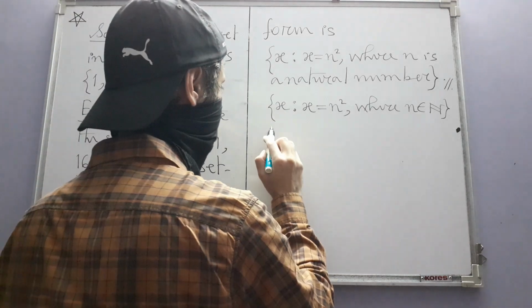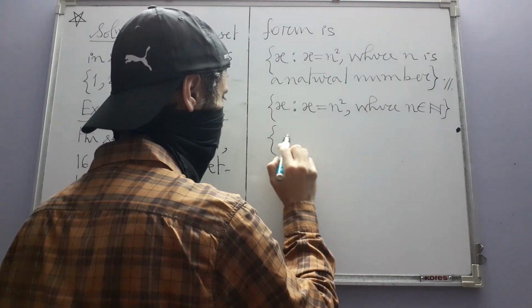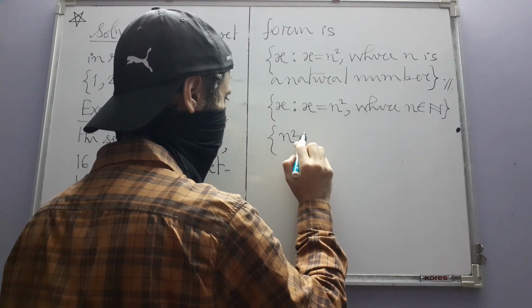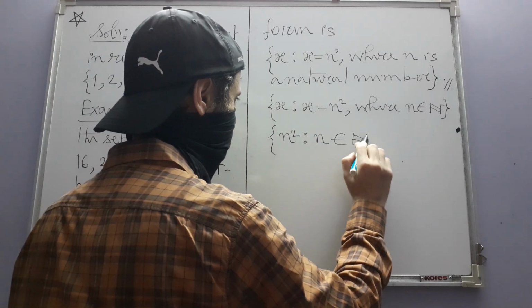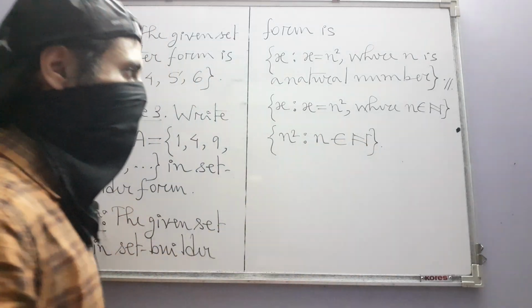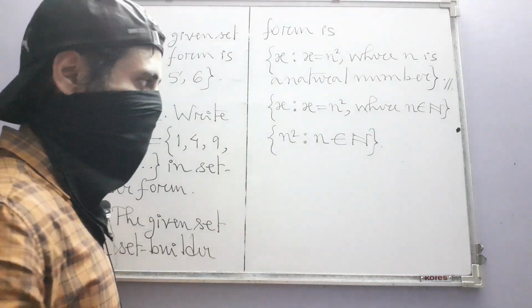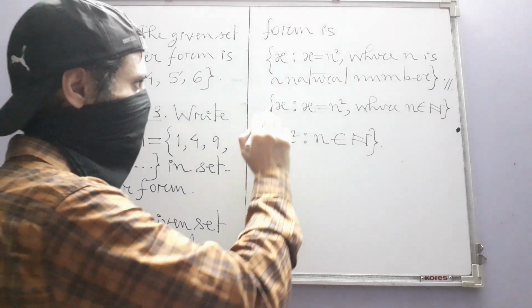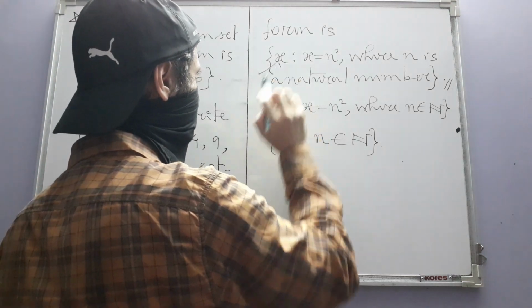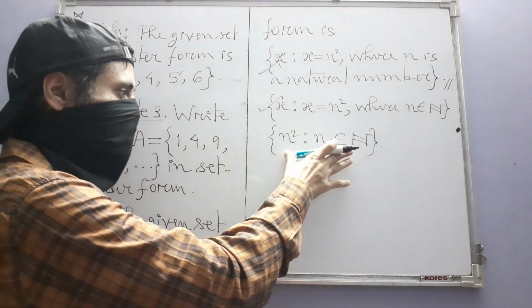Or you can also write like this in an extremely brief manner. You can write the same set like this. However, it's advisable to not write like this right now itself at this elementary stage. You better write this, or you can also write like this. Okay, do not make it too brief.